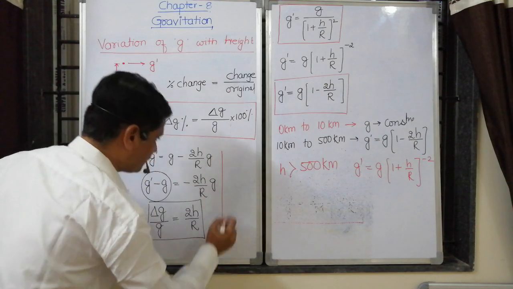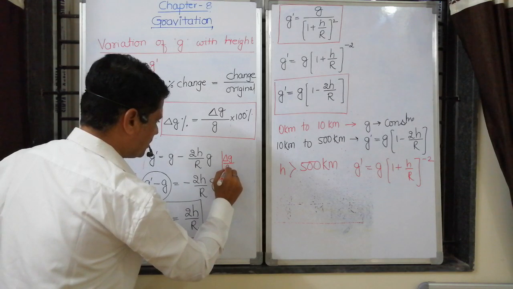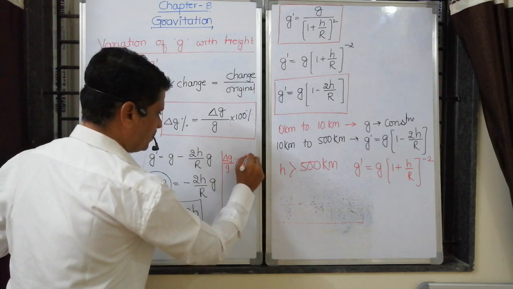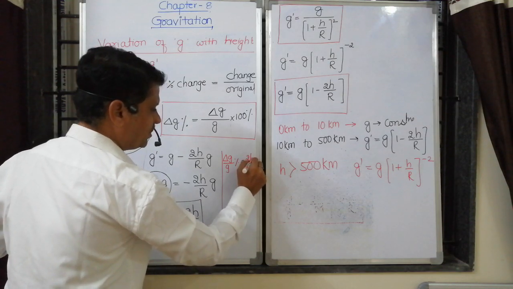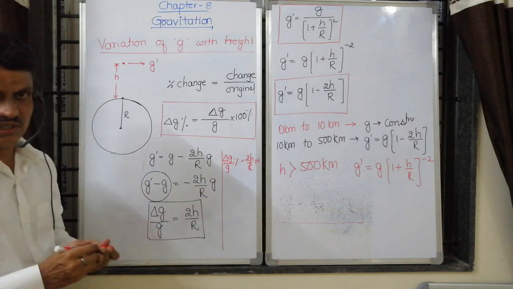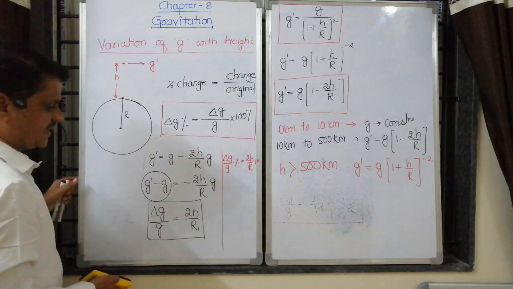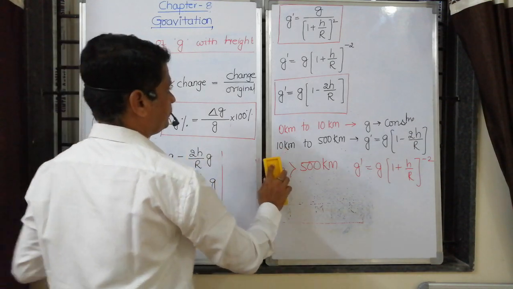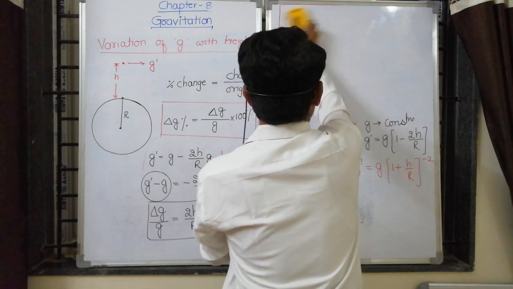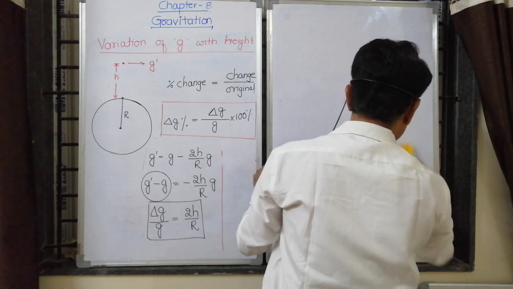Here I can write delta g by g percentage is equal to 2h by r into 100 will give you the percentage change in g. Okay, please write it yourself. It is called the percentage change in g. So this is our variation of g with height.